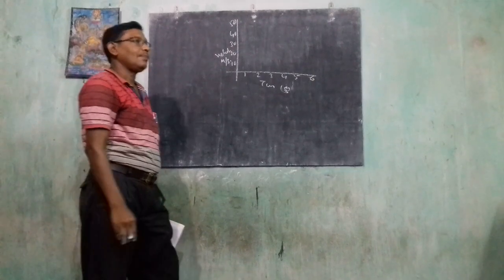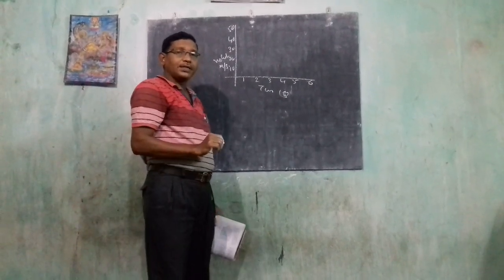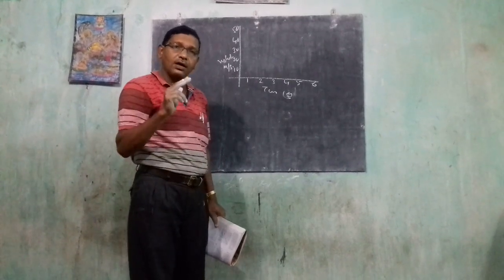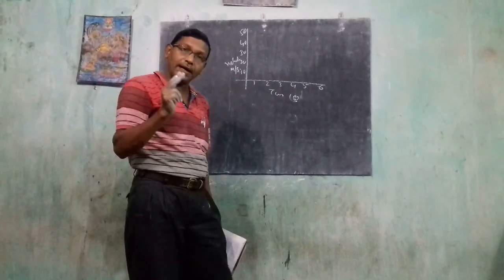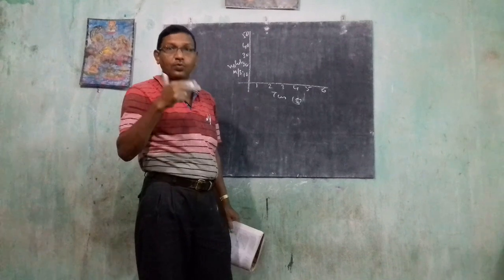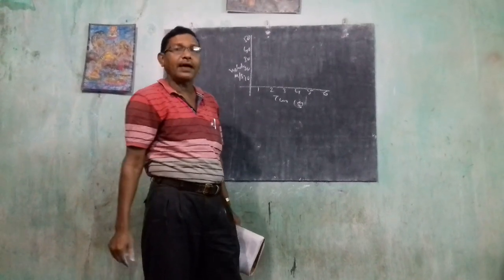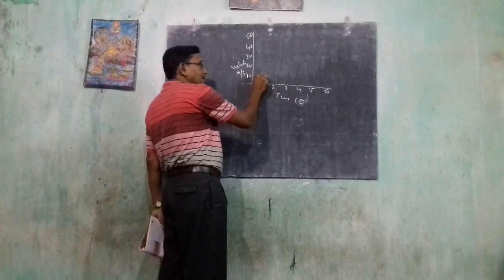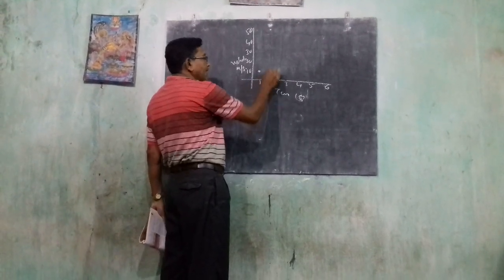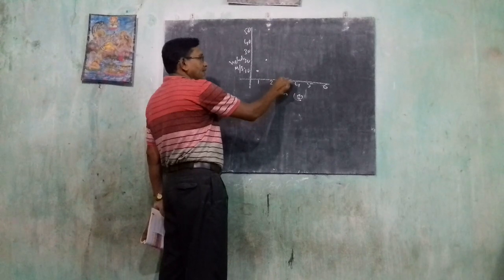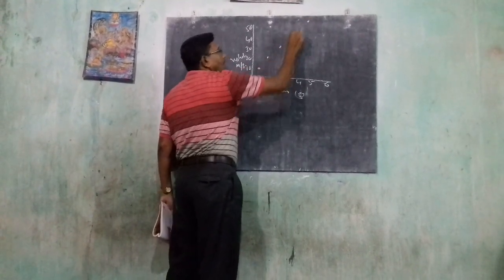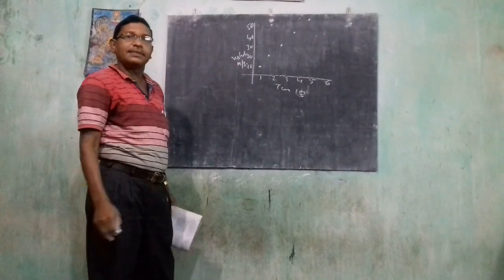Now uniform acceleration means the object covers equal velocity or equal distance in equal intervals of time. When the object in 1 second covers 10 meters, the next 1 second covers 20, the next covers 30, it means every moment it changes by 10 meters per second.